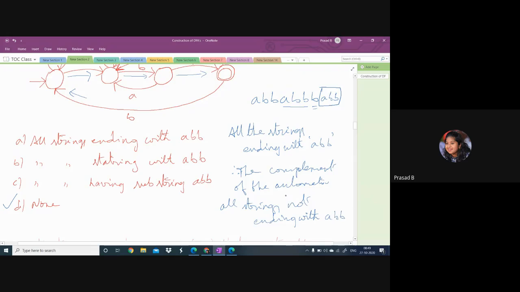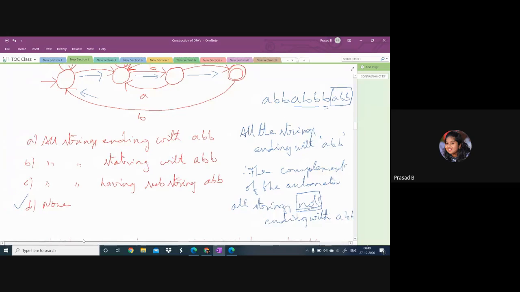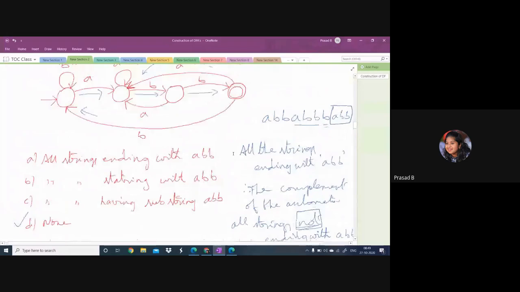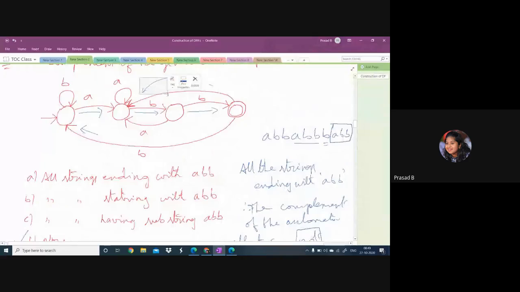So don't misunderstand ending with ABB. Complement will not be starting with ABB. Suppose I give you any machine accepting strings starting with ABB, then its complement accepts all strings not starting with ABB. So add the word not. As it is not given, the option will be D. Is it clear? Yes, sir. Next.